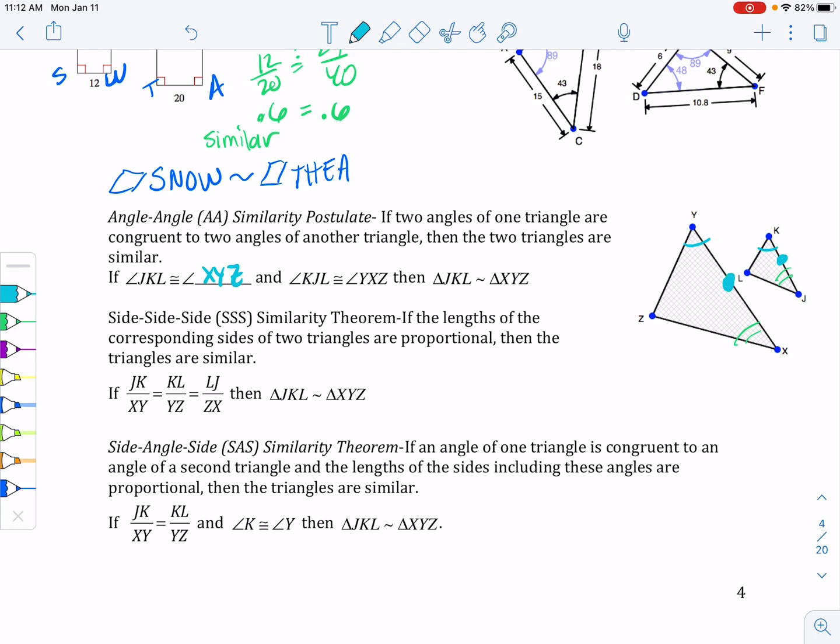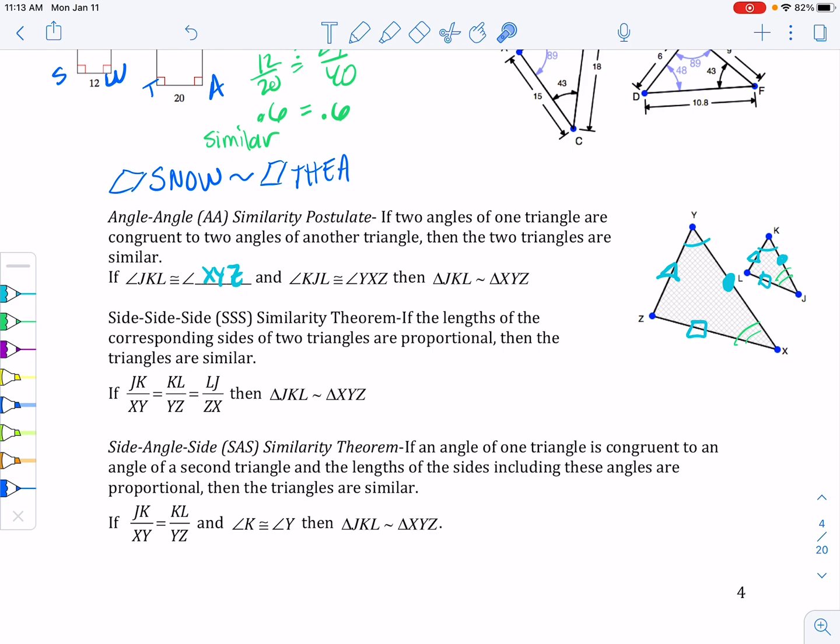And KL is this one, so I'm going to do a triangle, corresponds to YZ, this one. And ZX, I'm going to do a square. Oh, ZX corresponds to LJ, right? We're always going from the little one to the big one. These correspond, and those correspond, which means that we know that these triangles are similar. And again, it's got the corresponding parts.